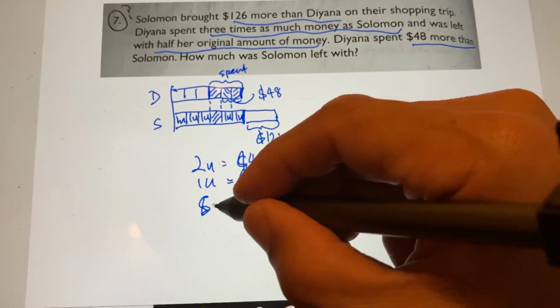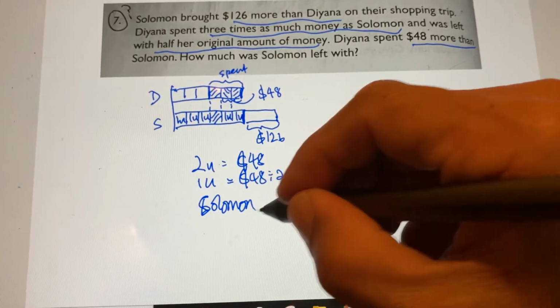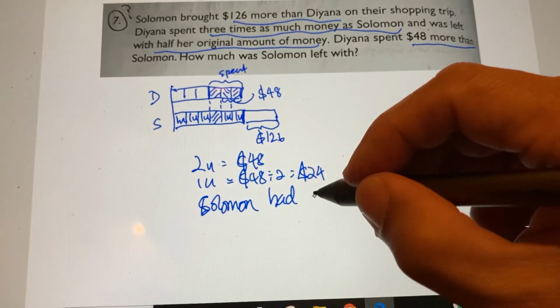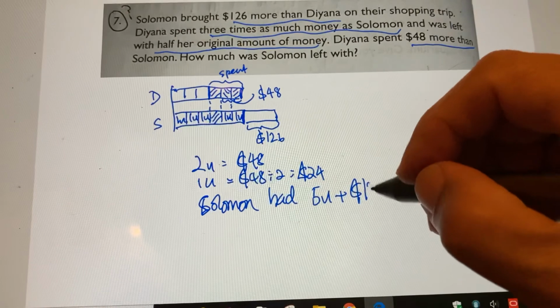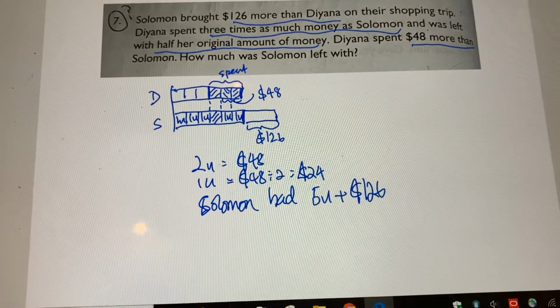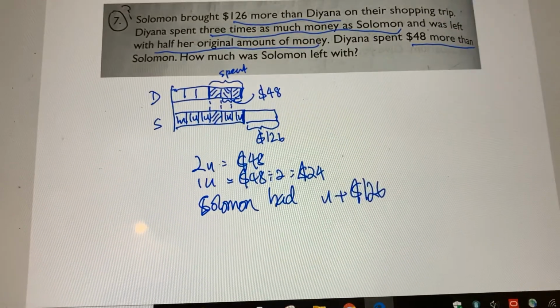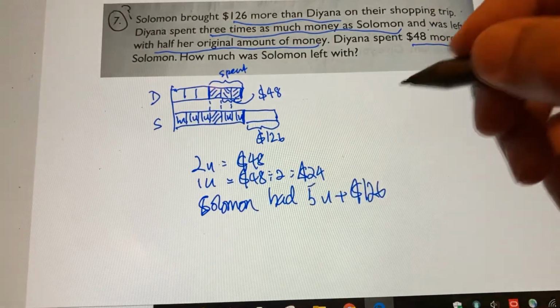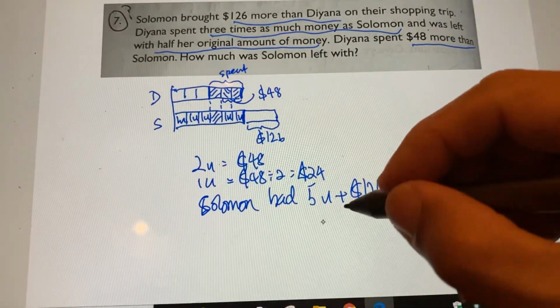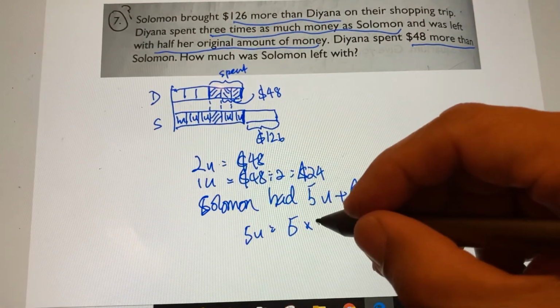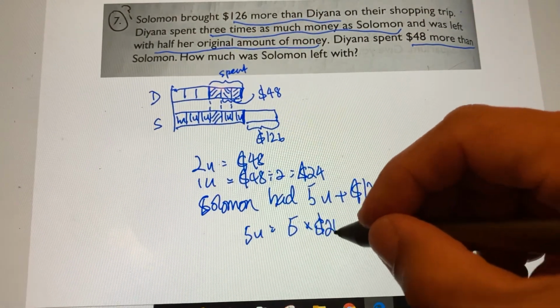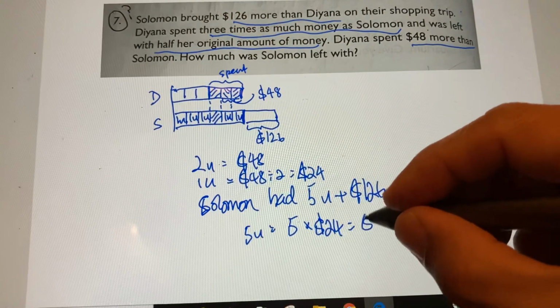So let's write Solomon had 5 units plus an additional $126. This is very bad, let's erase this and write it properly. So 5 units plus $126. 5 units is equal to 5 multiplied by $24, which is equal to $120.